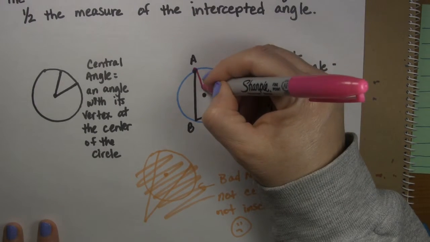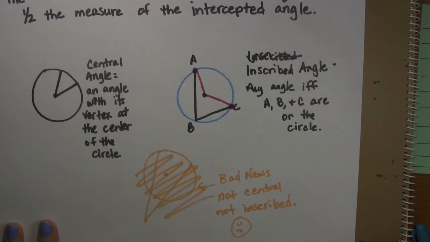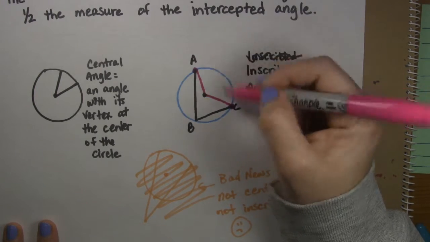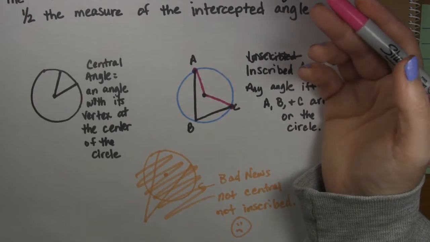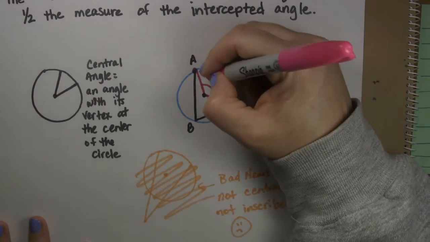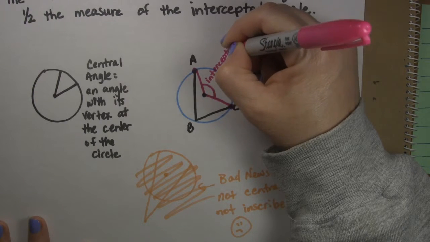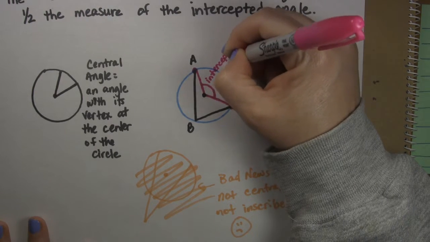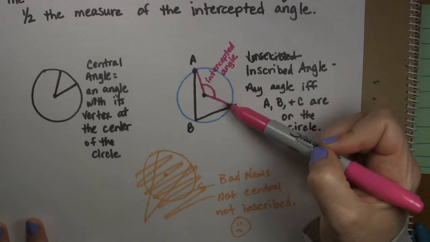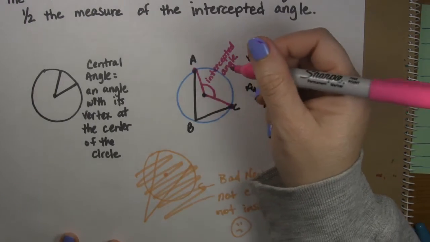If I were to draw a central angle using these points as my points of contact still, this right here becomes my intercepted angle.